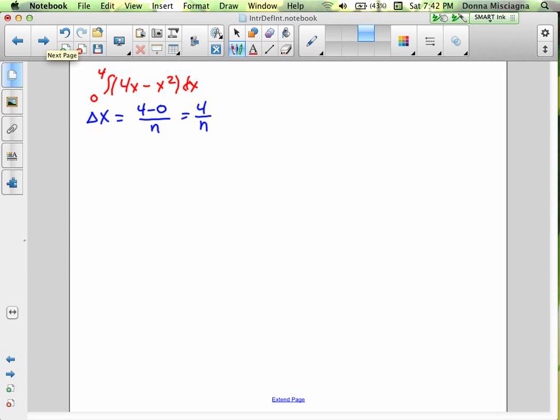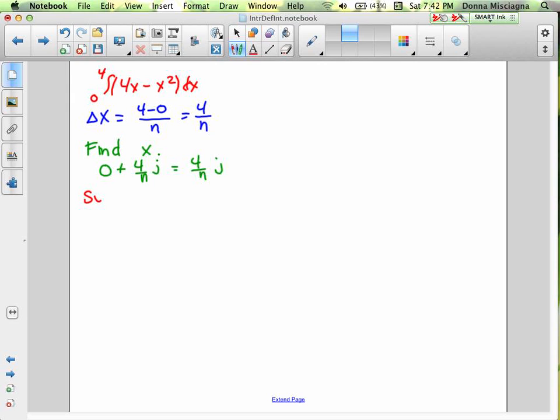Our next step is to find x. And this is the x for the right Riemann sum. So we start off with 0, and then we add a change in x. So that's therefore just 4j over n. We plug that back into the function.